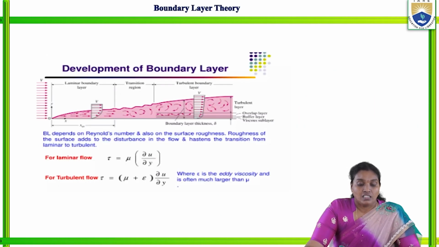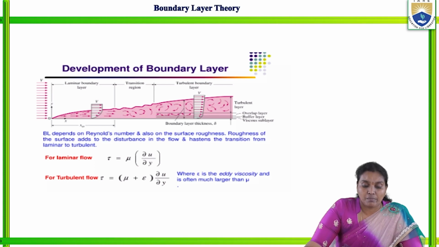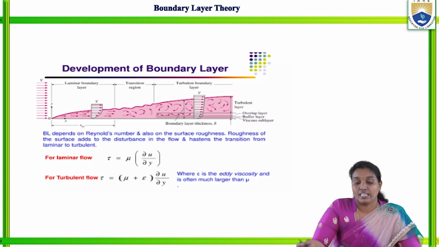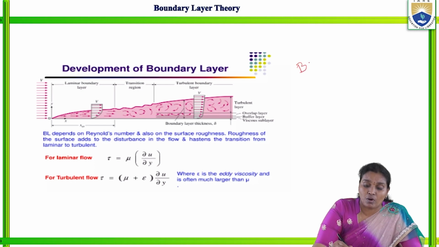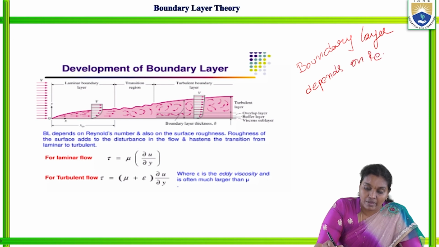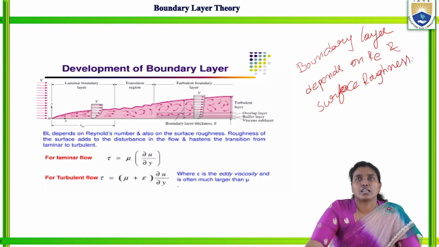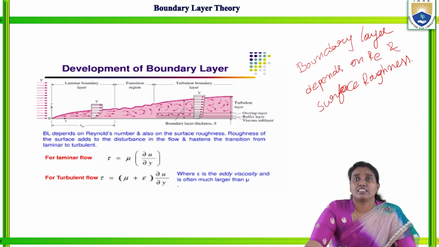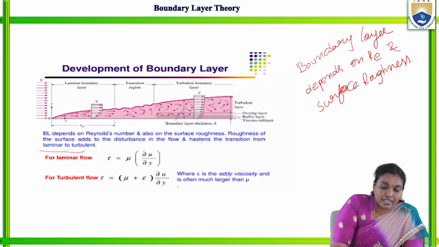Now the development of the boundary layer depends on the Reynolds number and also on the surface roughness. The roughness of the surface adds to the disturbance in the flow and the transition from laminar to turbulent.